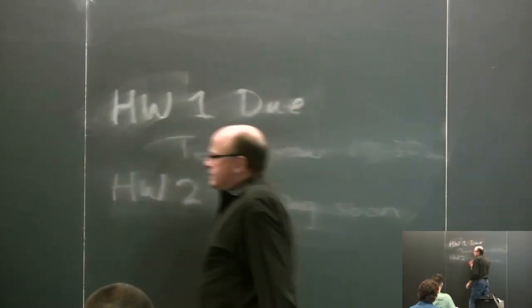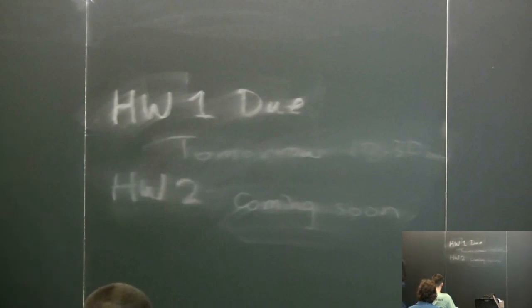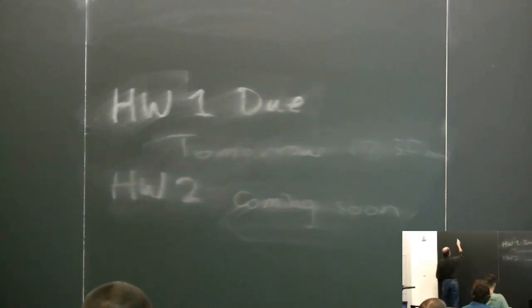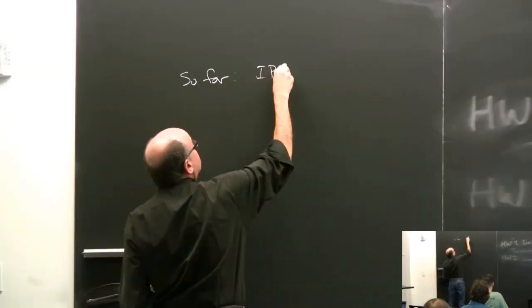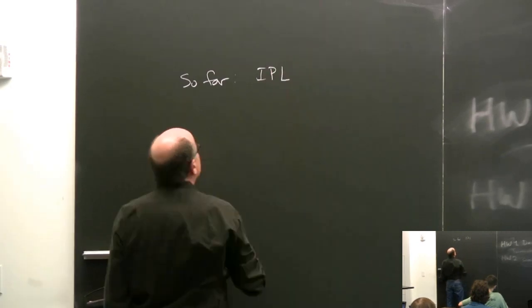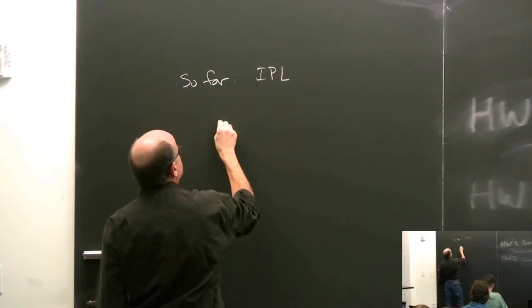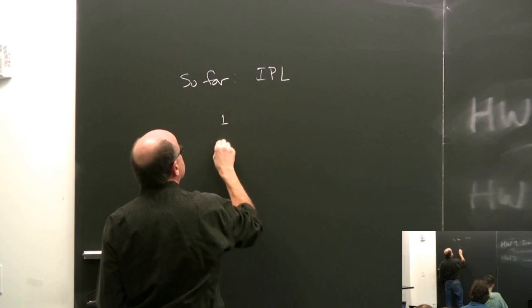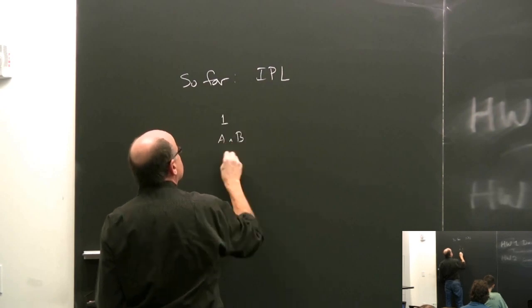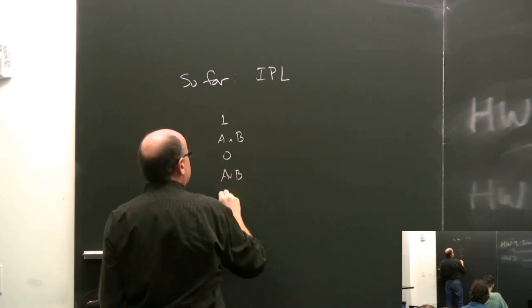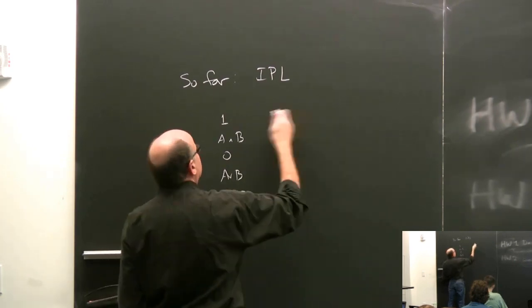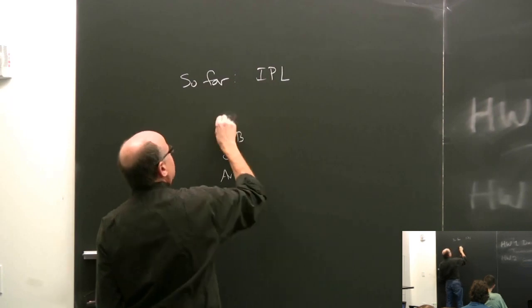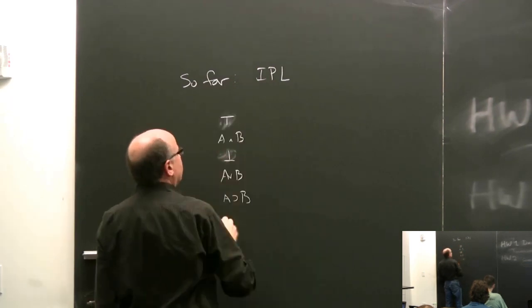Okay, so where we are is we have developed, so far, what we call intuitionistic propositional logic, which I've written on the board many times, but I'll summarize it again. So we have the propositional connectives, and we studied their behavior, A implies B, and we gave them, see, I'm already doing it, I can't help it, it's too burned in.